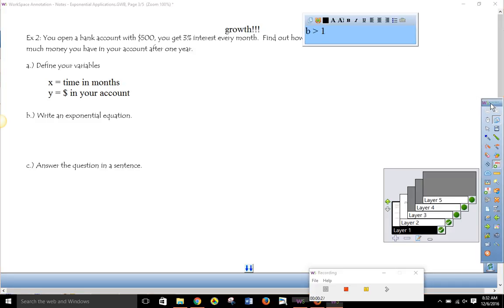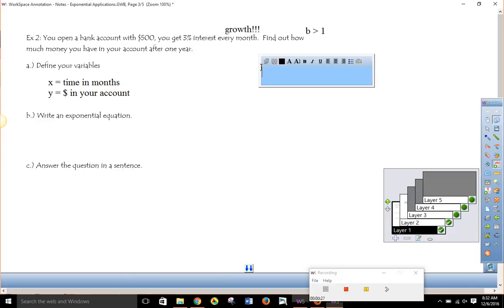Okay? And the shortcut here is to add 1 to the percentage that you're looking at. So since we're looking at 3%, okay, you need to keep in mind that 3% means 3 per 100. So you need to make sure that you divide that and get your 0.03.